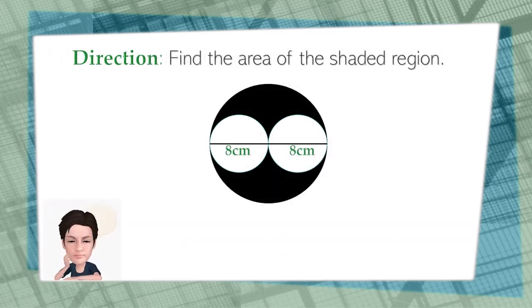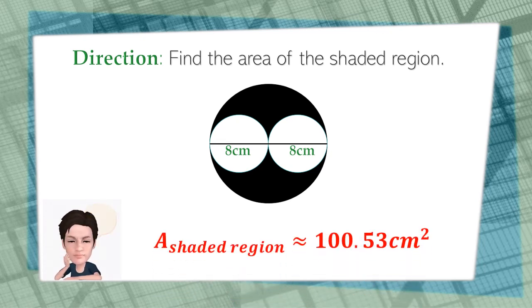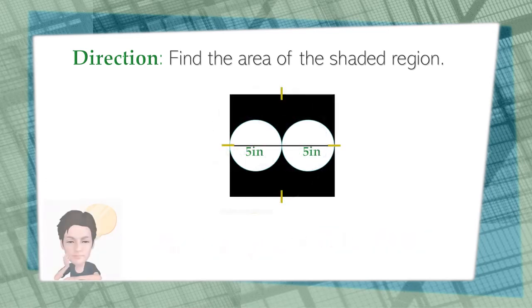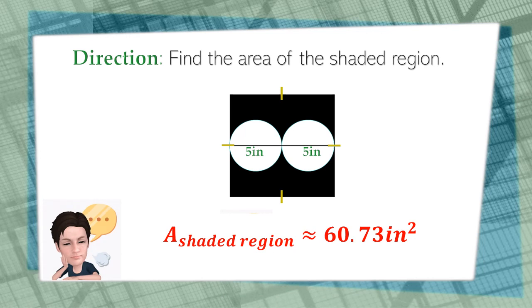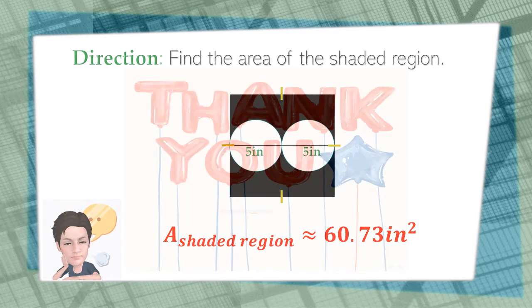Next figure, you may pause again the video, and if you're done, you may check your answer, and our answer for this is 100.53 square centimeters. Okay, last. If you are done with your answer again, you may now proceed with checking your answer, and that is 60.73 square inches. So that's it for this video.